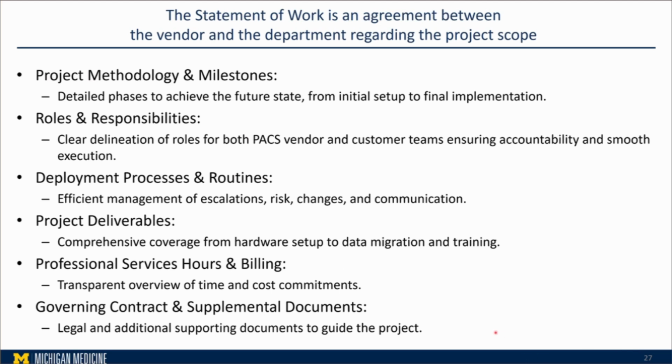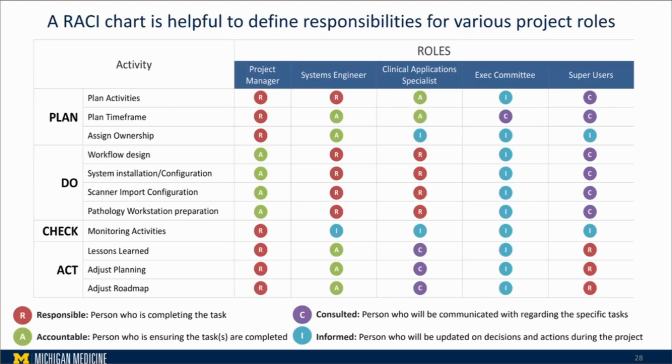So the scope of work is an extremely important document that helps you a lot in the entire project transition. And this is the RACI chart: who is responsible for completing those tasks, who is accountable to ensure that these tasks are completed, who just needs to be consulted or communicated with, and the informed person who is updated about the entire project.